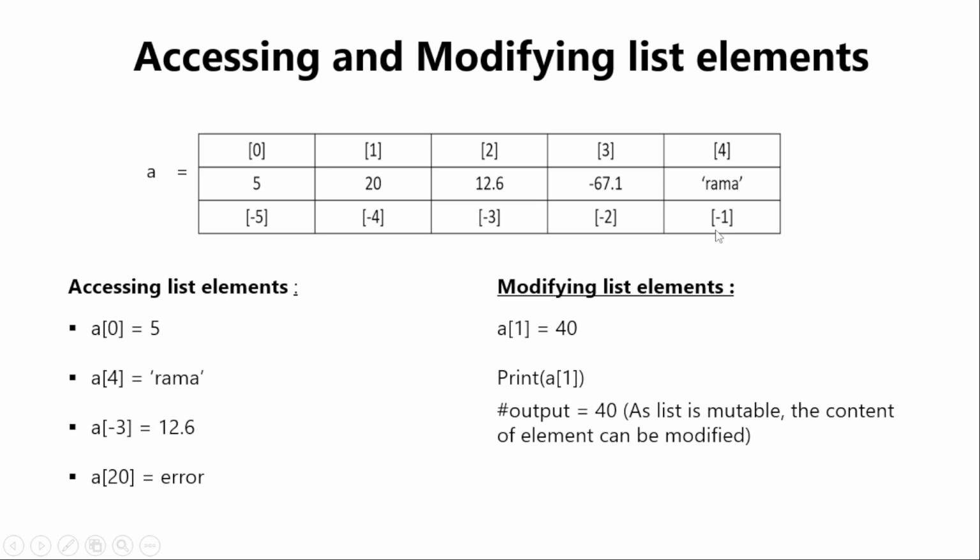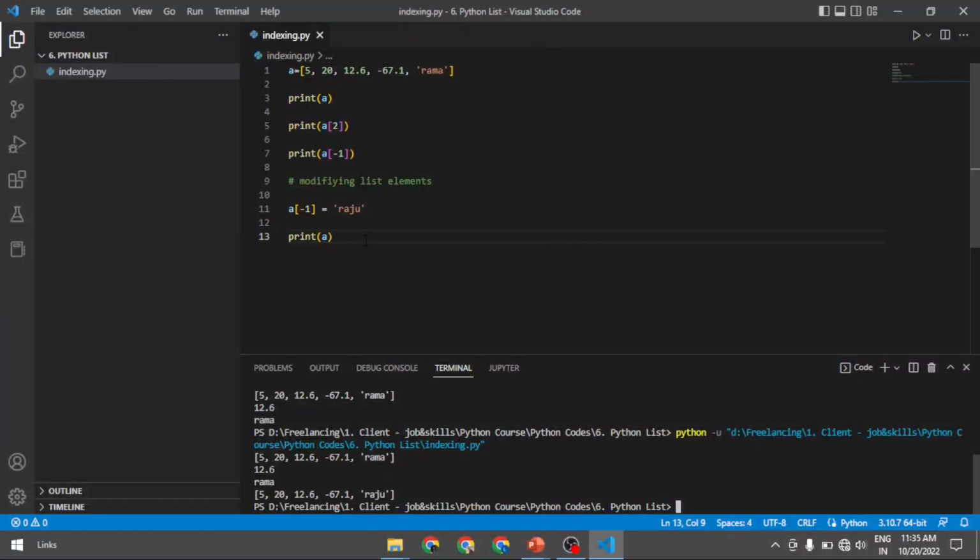So I have modified it using A of -1. Now let us take the positive indexing value A of 4. Instead of Raju, I want Rakesh.